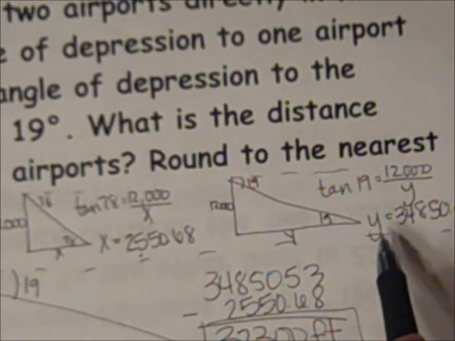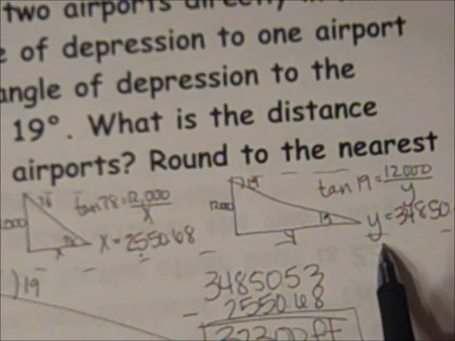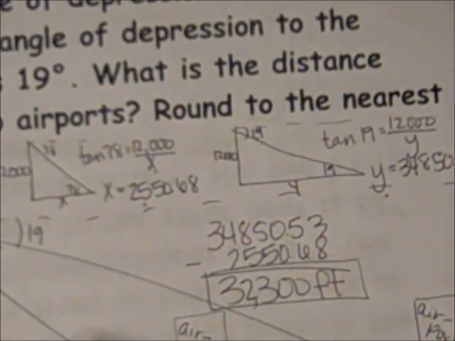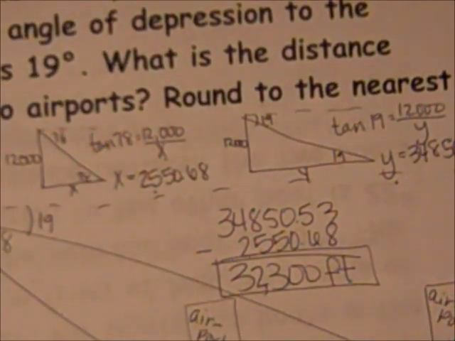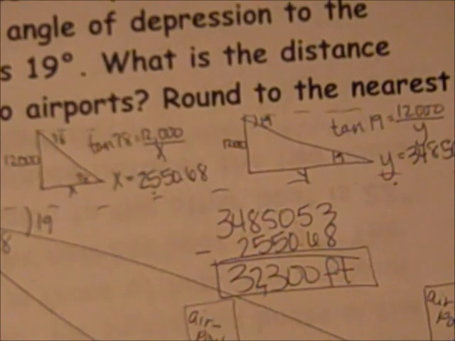So when I do the same setup with 19 degrees, I get this further airport is almost 35,000. So then my question though is not how far away is the plane from the airport, it's how far away are the two airports. So then I can just subtract my two previous answers to realize that the airports are approximately 32,300 feet away. Okay, see you tomorrow.